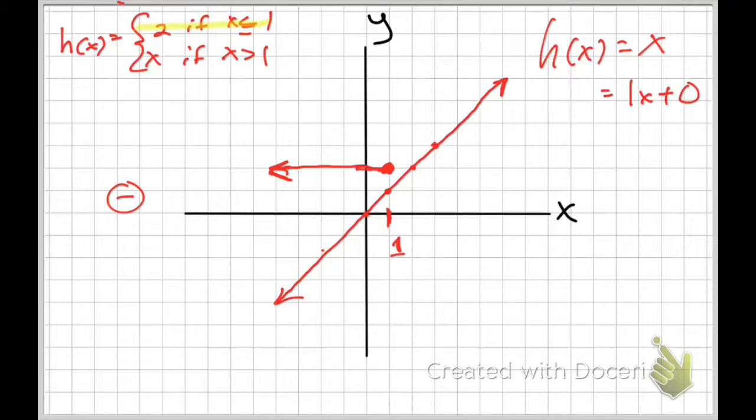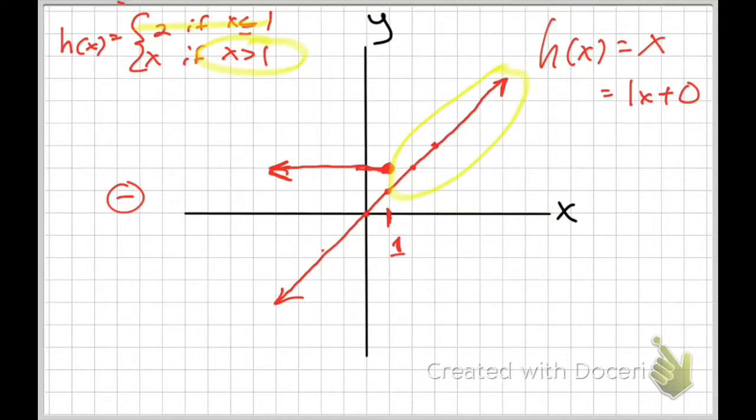But my condition is saying that I'm only going to use this function when x is greater than 1. So I go to where x is 1, and I jump up to the graph right here. I'm only going to use the portion that's greater than 1, which is only this side.